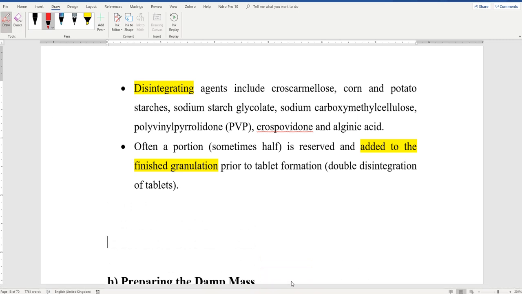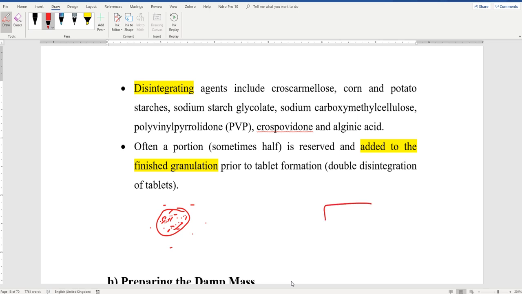Okay, now if I add it before making granules, then the granule that is formed will contain what? Disintegrating agent. And when I add the other portion after making the granules, then the disintegrating agent will also be on the outside. So, if I add it in two portions, the disintegrating agent will be inside the granules and outside the granules.